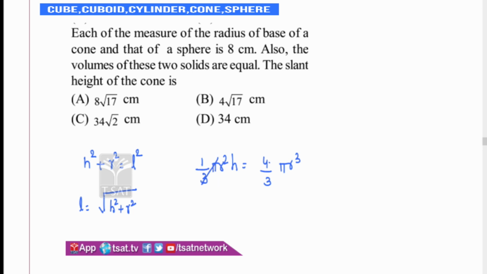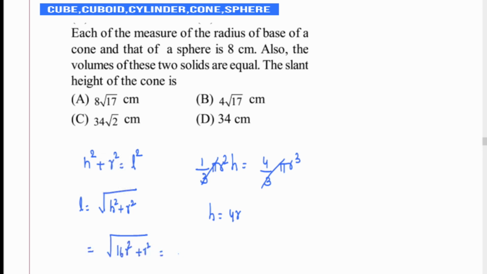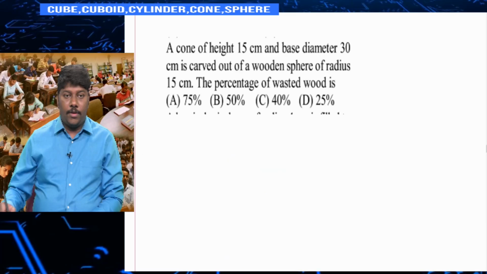Pi by 3, pi by 3 cancel. So you are left with h equals 4 times r. So substitute here: 16 r square plus r square is 17 r square, which is root of 17 into r. But what is the value of r? 8. So 8 root 17 is the slant height of the cone.